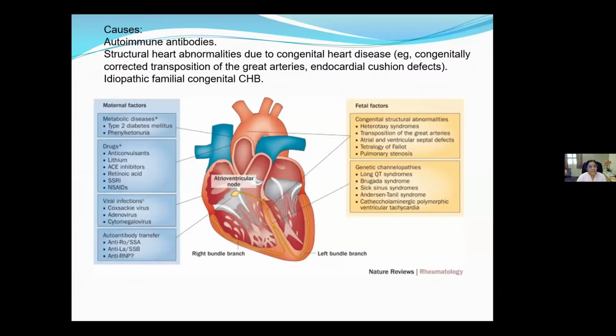The causes could be autoimmune antibodies. We are seeing patients who have SLE and Sjogren syndrome, who have the autoimmune antibodies, and then the fetus is affected with congenital heart block.